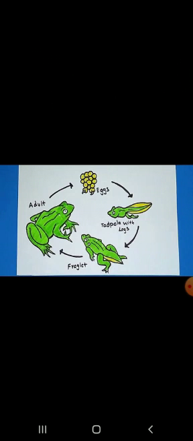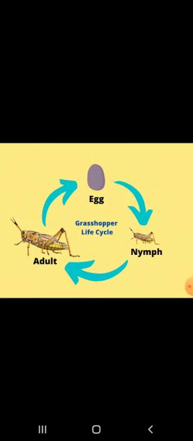So this is the life cycle of frog, and we know that frogs are called amphibians because they can live both on land and in water. They have moist and slippery skin and they breathe through their lungs. Then the life cycle of an insect, the grasshopper, which consists of three stages.